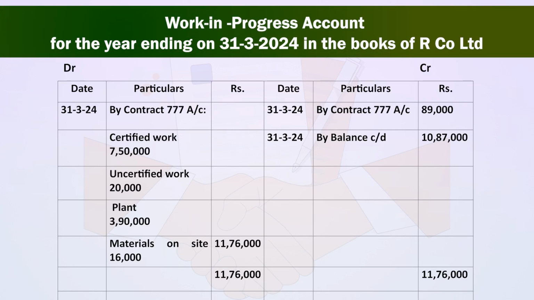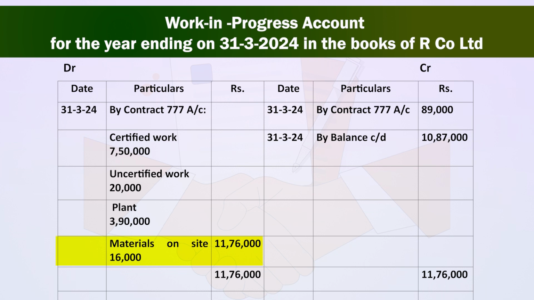As it is work uncompleted contract, we will prepare work in progress account for the year ending 31st March 2024 in the books of our company limited. On debit side, on 31st March 2024, by contract 777 account, work certified rupees 7,50,000, work uncertified rupees 20,000, plant rupees 3,90,000, materials on site rupees 16,000, making total of 11,76,000.